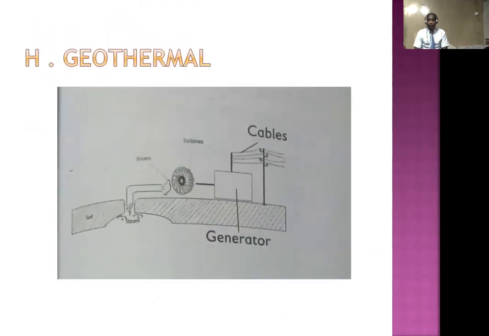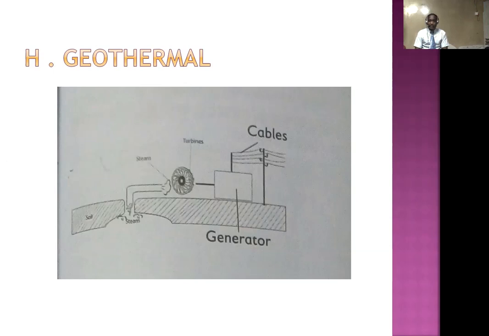Next, we have what we call geothermal. Geo means earth. Pupils, geothermal is a source of current electricity. It uses steam from underground to rotate the turbines.